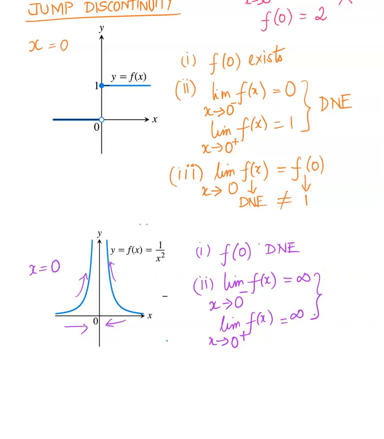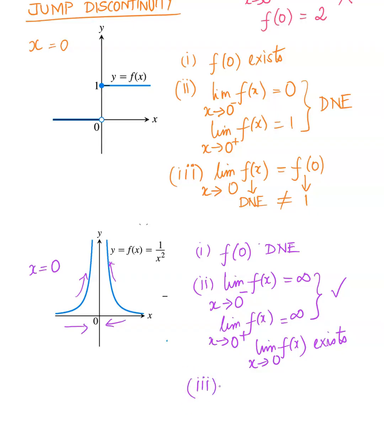So together they gave us the same value. So the limit of f of x as x approaches 0 exists in the sense that they both give us the same value, even though infinity itself is not a value. They pointed in the same direction.